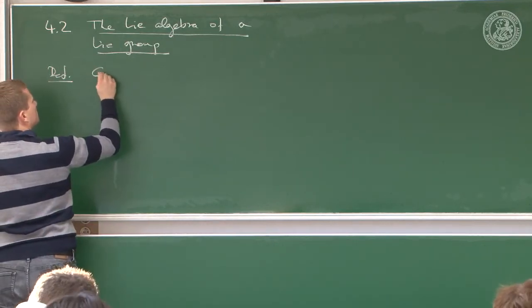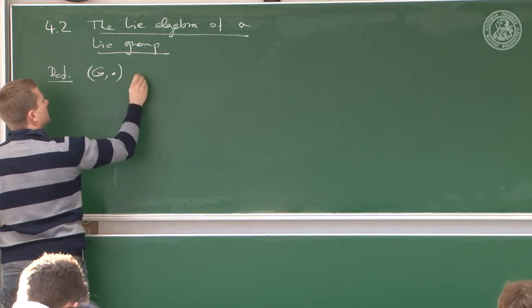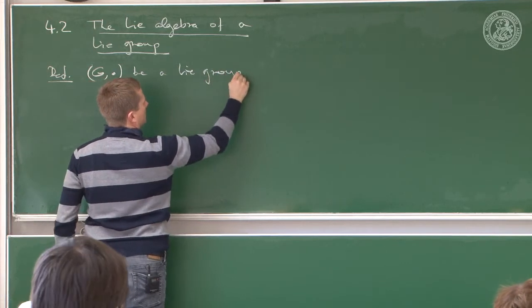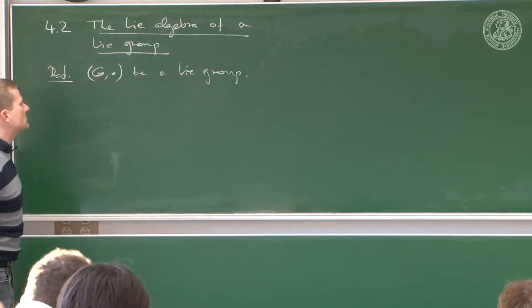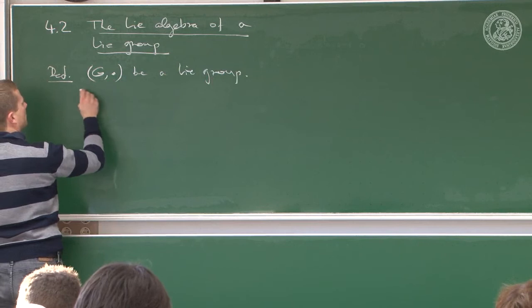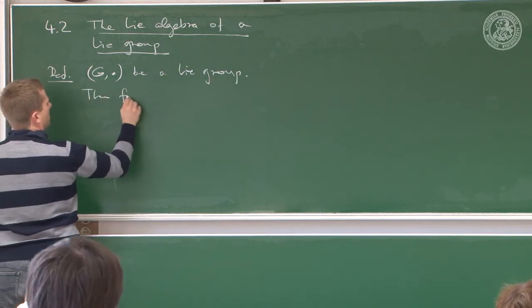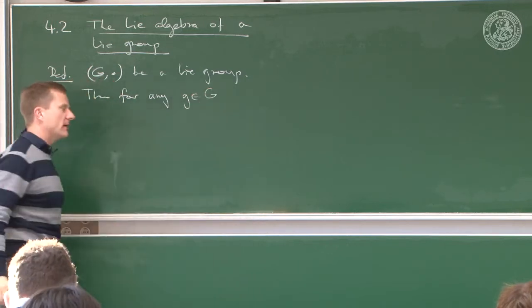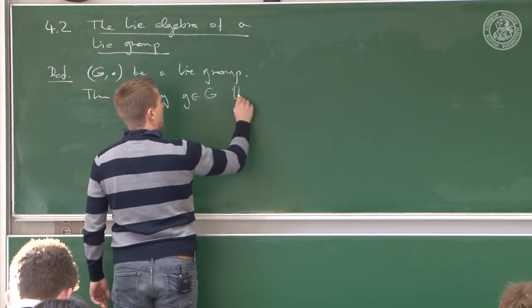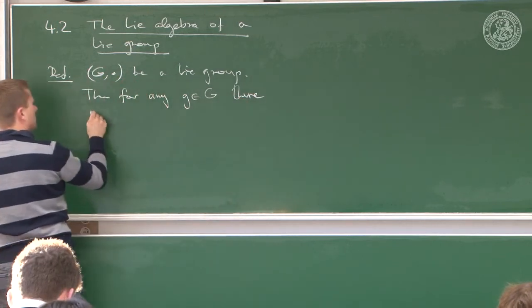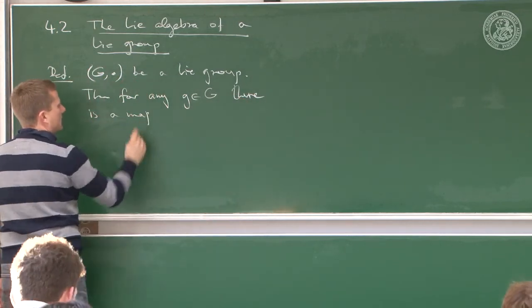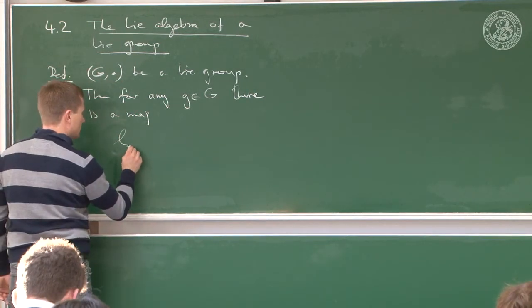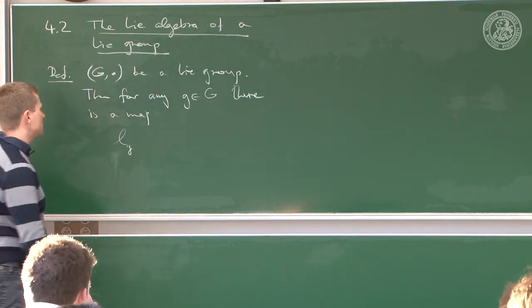So let G, blob be a Lie group. Now something very simple is the so-called left translation. Then for any g in G, for any group element, there exists a map, let's call it L, like left, and sub g, because it depends on the g.